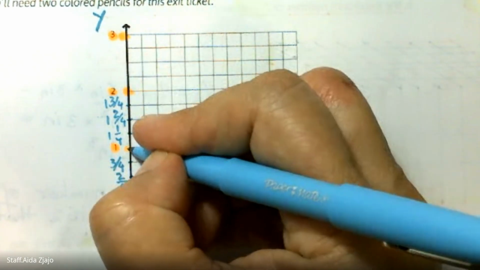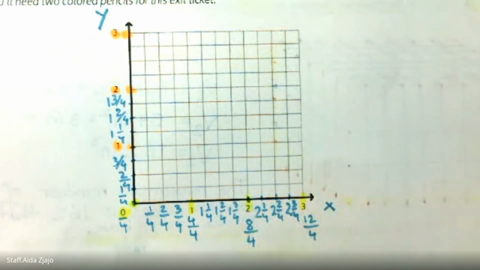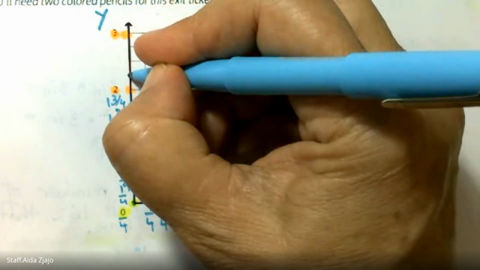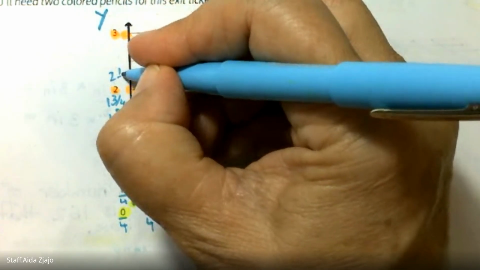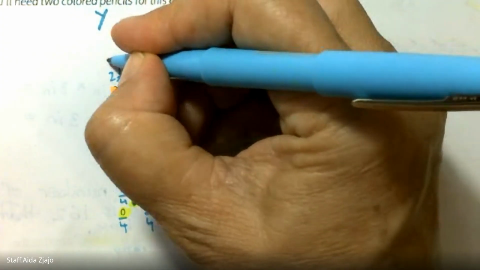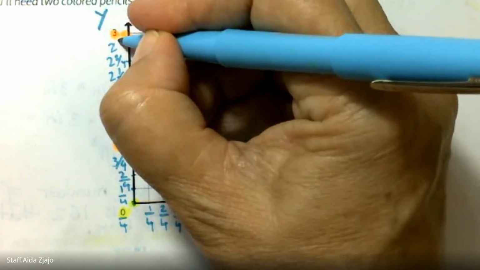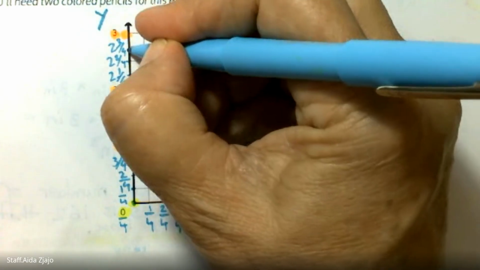So anyway, I'm going to stop right there. I can go all the way, but it's okay. 2 and 1/4, 2 wholes and 2/4, 2 wholes and 3/4.